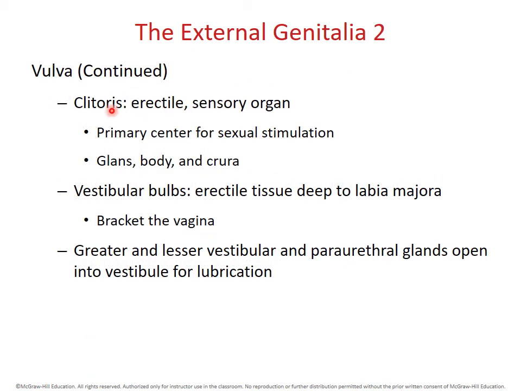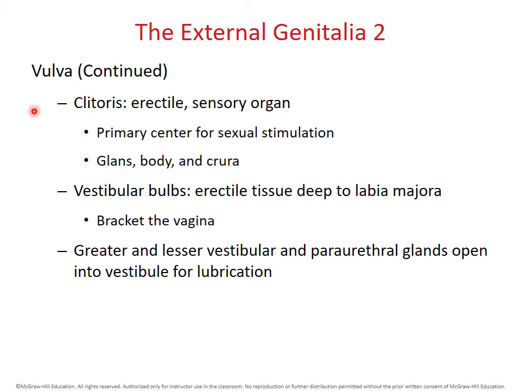So again, the clitoris is the erectile portion and sensory portion of the vestibule, and it even has a portion like the penis known as the glans and a body. Of course, just smaller than the penis.